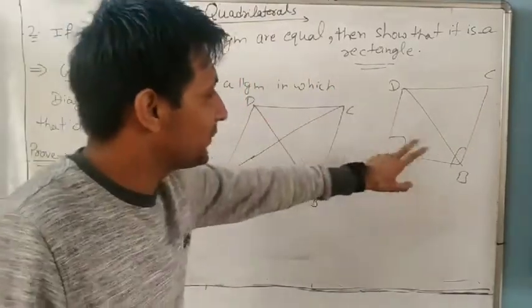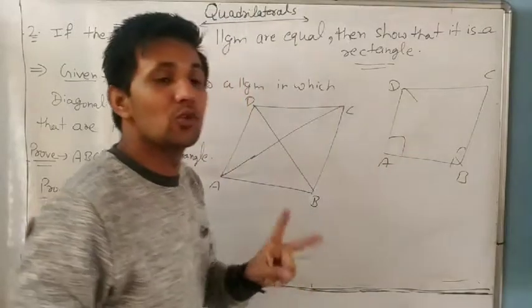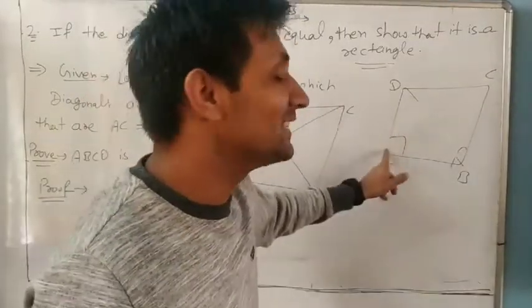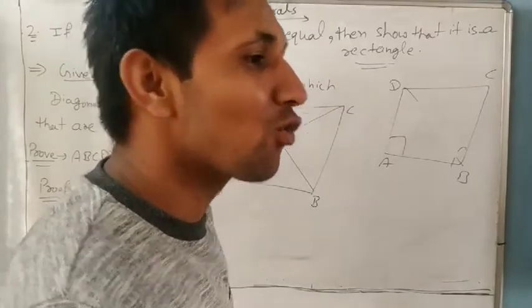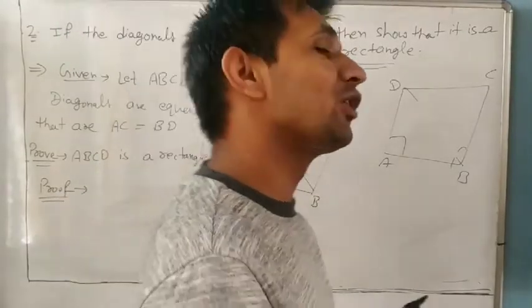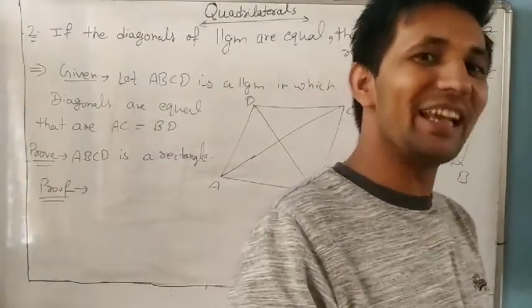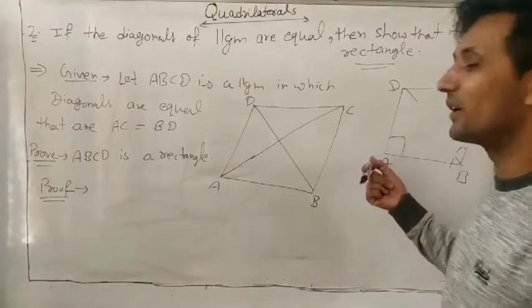And if you want to show that two angles are equal, we have to show that these two angles are present in two triangles which are congruent. Why? Because corresponding parts of congruent triangles are always equal.